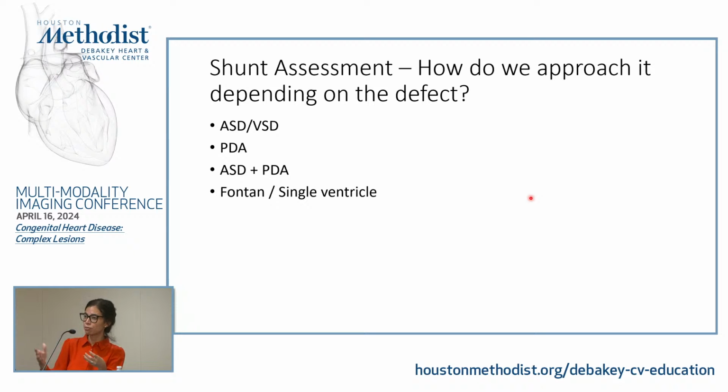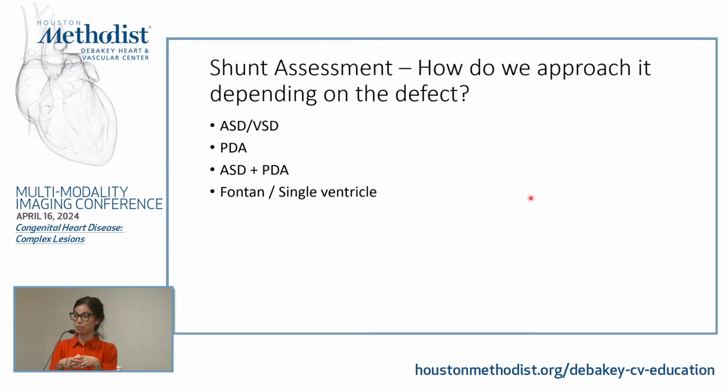Does that represent what my systemic capillaries are seeing? No. Why not? Because after my measurement point, I'm losing some of my forward flow because it's going where? Back to the PA.